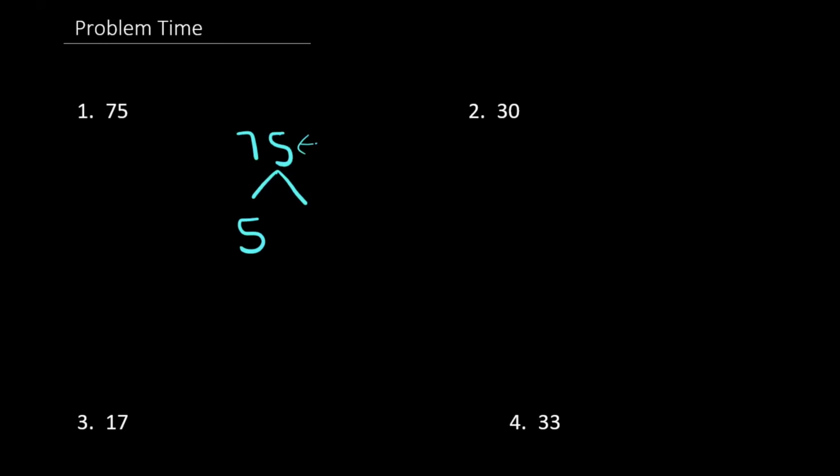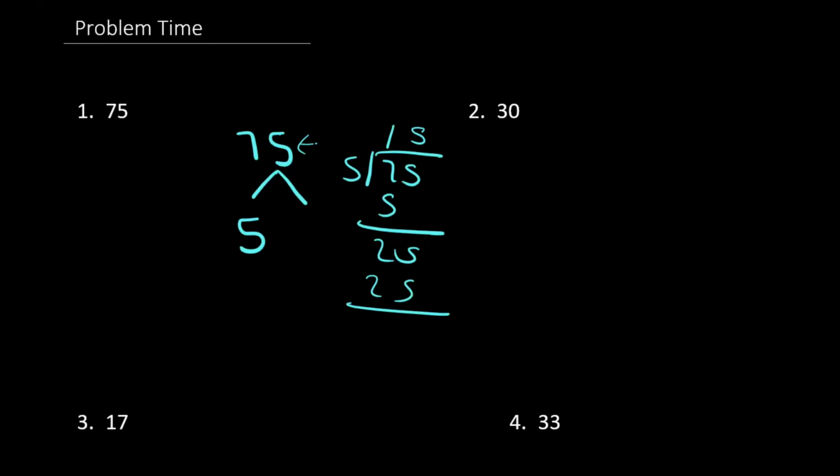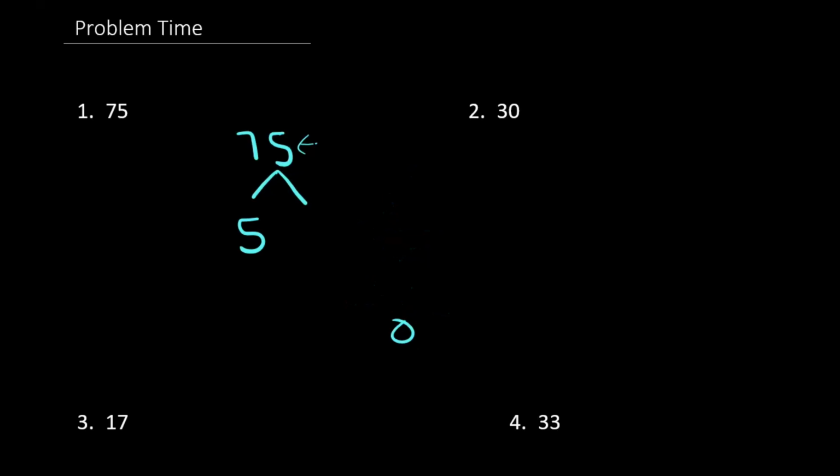So 75 divided by 5. 5 goes into 7 one time, and then we'll have 25. 5 goes into 25 5 times with no remainder. So our answer will be 15. Not our complete answer, just over here, 15.